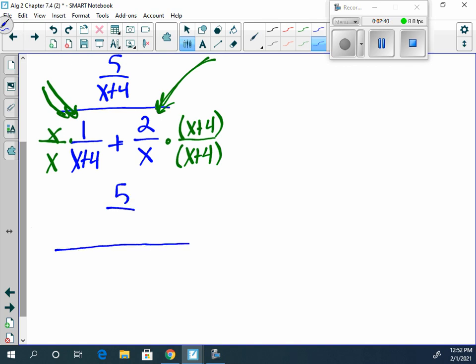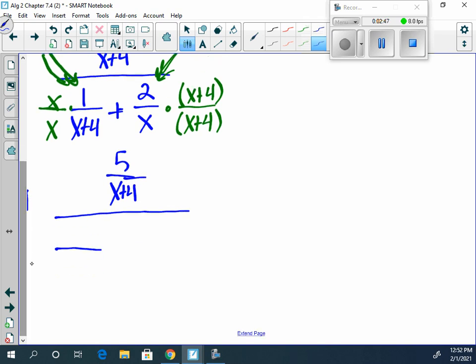So on top, we're still going to have 5 over x plus 4. Now the 1 on the left, we're going to have x times 1, which gives us x. On the bottom, we're going to have x times x plus 4, plus, now the 1 on the right, we are going to have to multiply through by 2.